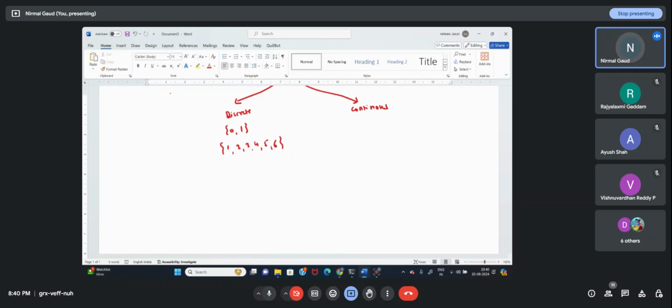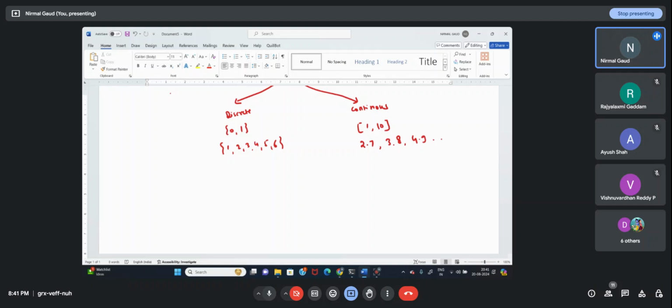Continuous doesn't have countable outcomes. They represent values between intervals. For example, values between 1 to 10 can be like 2.7, 3.8, 4.9, anything between 1 to 10. So this is continuous.